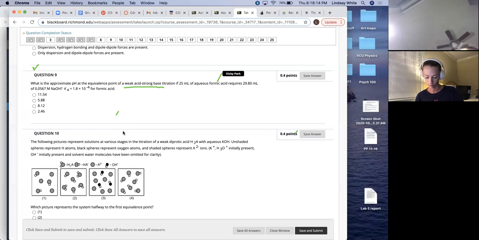Formic acid is HCOOH. Formic acid is either way a weak acid. Oh, so it's a weak acid and a strong base. So it's 25 milliliters. And then I have NaOH, 29.80 milliliters, 0.0567 molarity. And that's the Ka of formic acid.